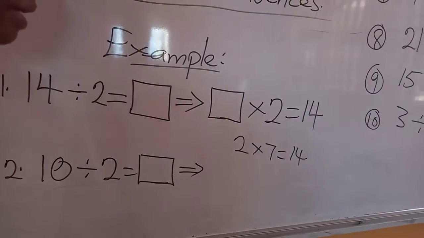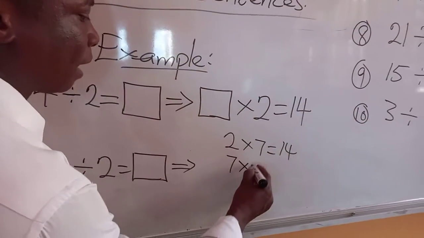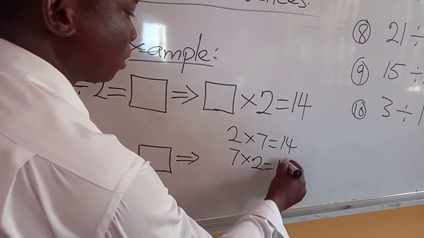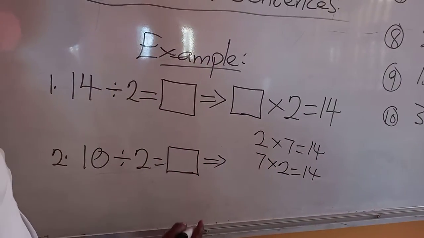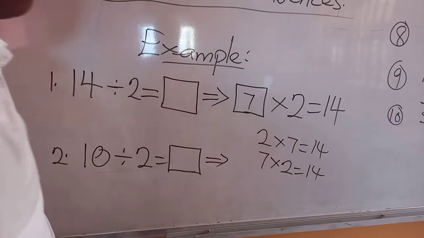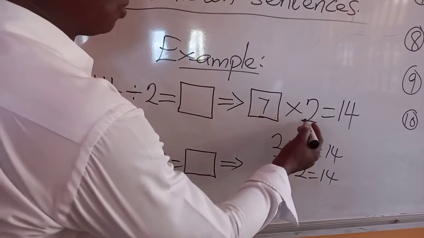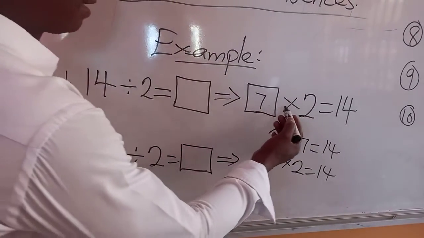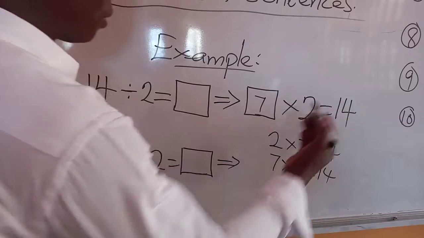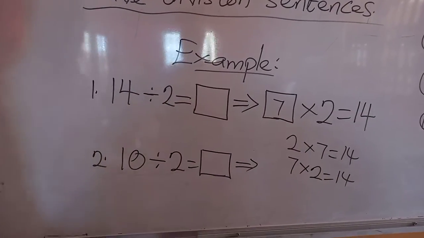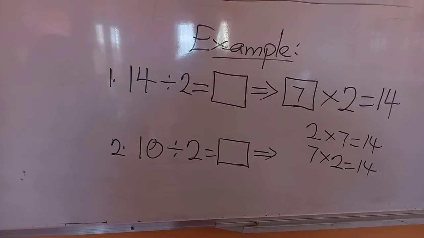It can also be written as 7 times 2 equals 14. It is the same thing. So our box is 7. So 7 times 2 equals 14. Let's look at the next example.